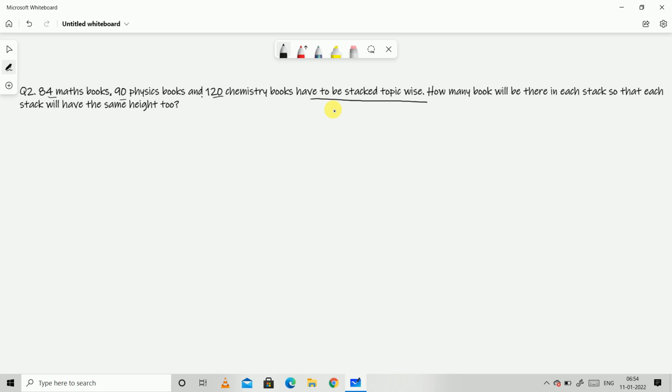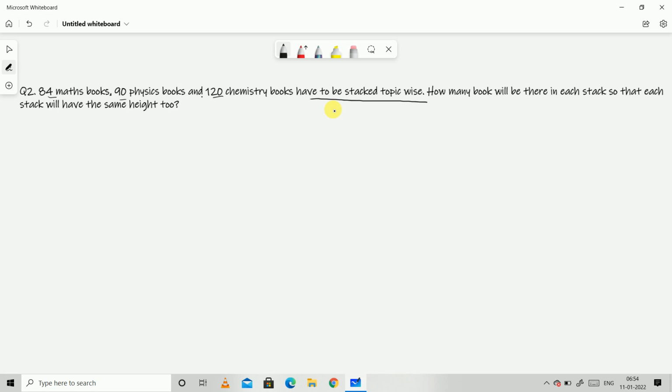Stacking is also a type of distribution only, like there will be an almirah and you need to stack it, means you need to put it in this column, then in this column, then in this column. So what we are doing, we are just distributing it in the different columns, right? So stacking is nothing but a kind of distribution only. So from there also you can get the hint that you need to find the HCF here.